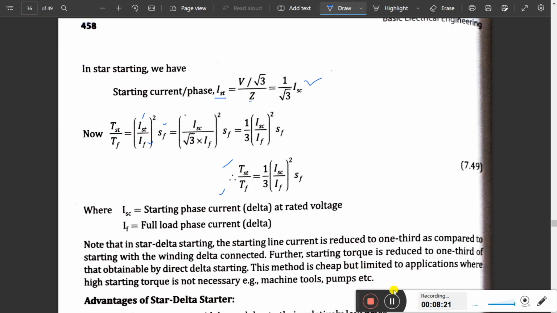Then we know I full load current is equal to root 3 times IF, so we can simply write 1 by 3 times. Now we can observe here, when starting and full load currents are the same, the starting torque is nearly 1 by 3 times the full load torque into SF.